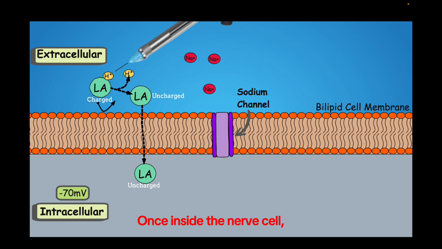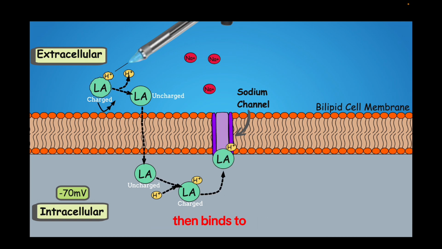Once inside the nerve cell, the equilibrium shifts again due to the intracellular pH, and some of the uncharged molecules can reionize. Now, this charged form then binds to specific sites on the sodium channel, which are accessible only from inside the cell.